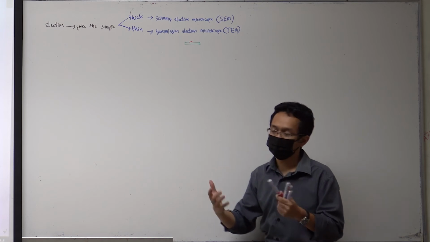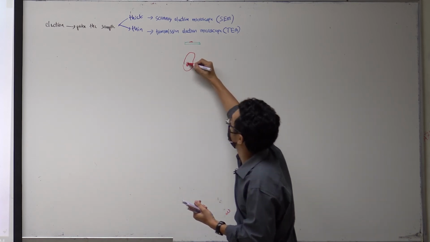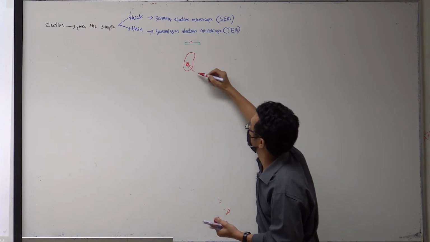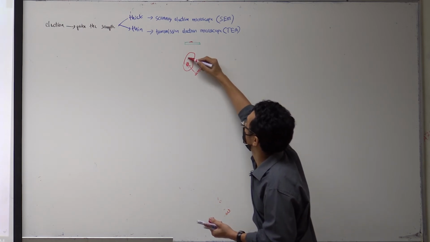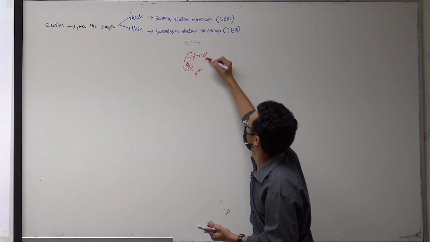So if the sample is very thick, there is no contrast, no darkness, in the image. For example, you can see the cell because it is dense, and whatever is not dark is less dense.